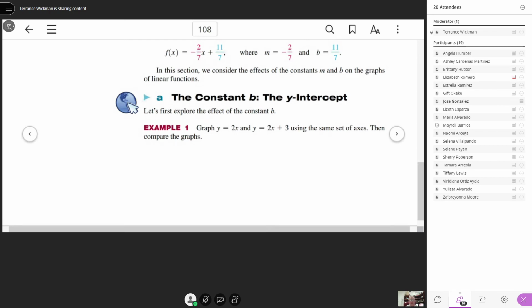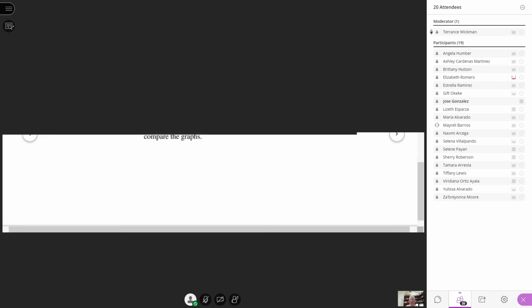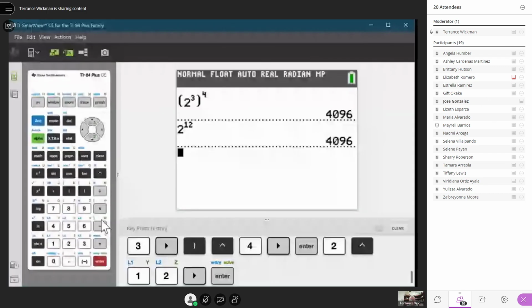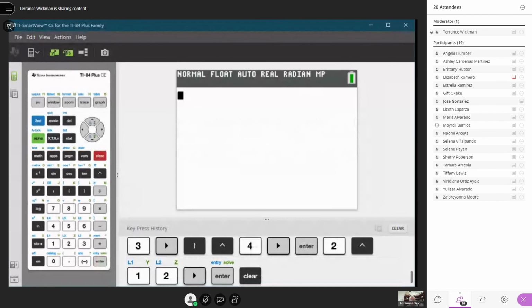So I'm going to stop this. I'm going to go to your calculator. Probably you all know how to do this anyway, but just in case, I think I got the calculator open. There it is. I'm going to clear it. Now, to go to your graphing part, up in the left-hand corner, it says y equals.